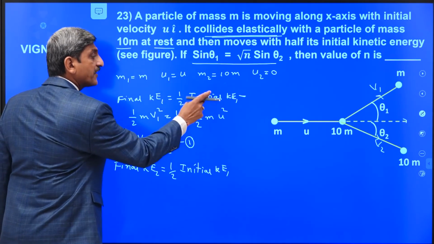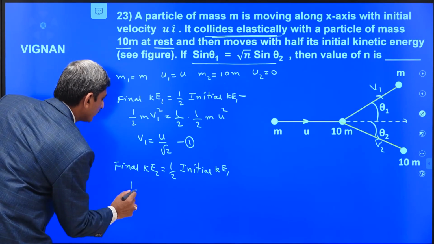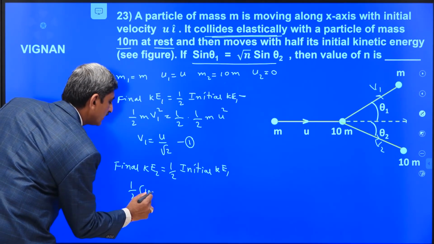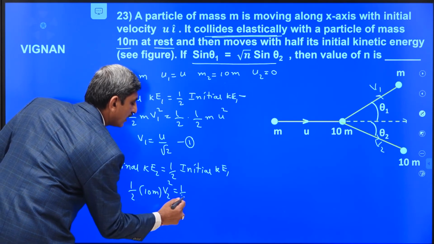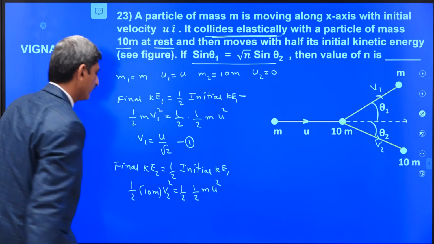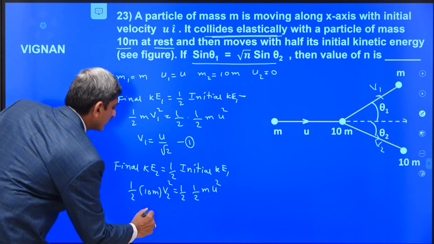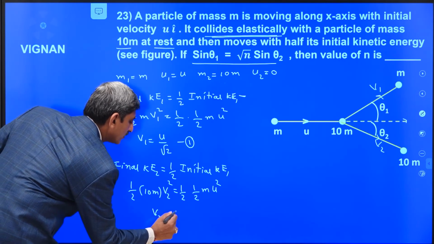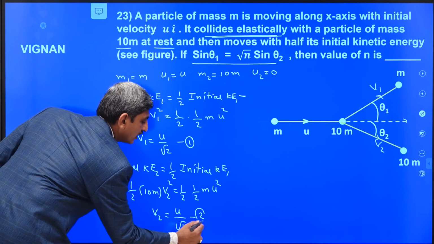That means half is retained within the first body, half is transferred to the second body, so we can write it as half into 10m v2 square is equal to half into half m u square. Now the half cancels, and from this we have v2 is equal to u by root 20. Let it be equation number 2.